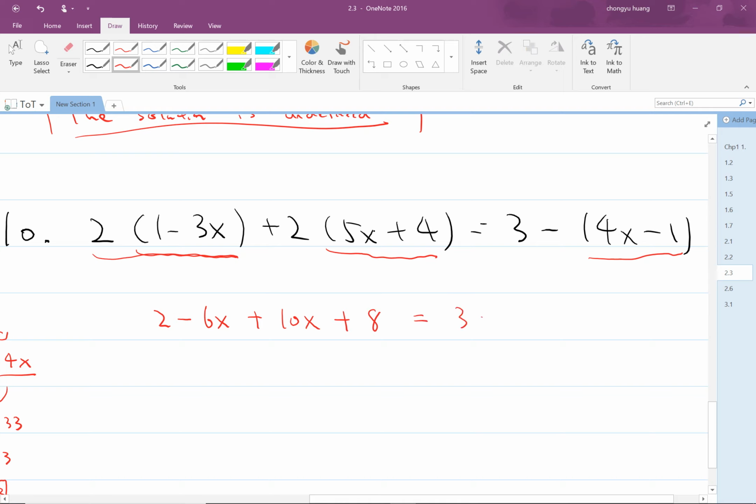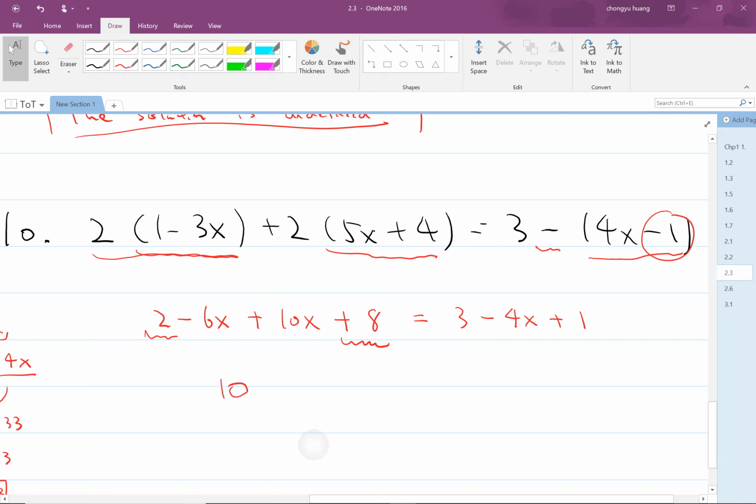Starting from the left hand side, we have a 2 and then an 8, so 2 plus 8 is equal to 10. And then negative 6x plus 10x is going to be positive 4x, right?